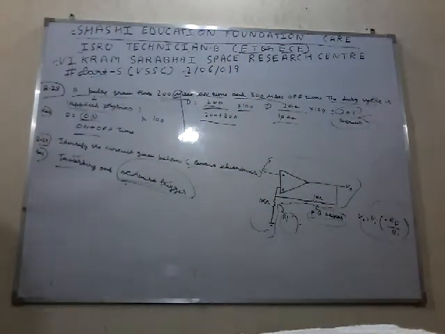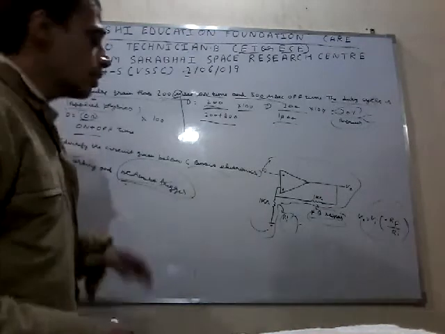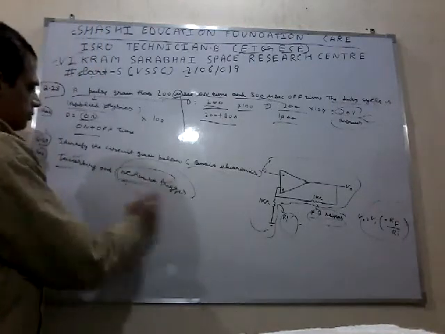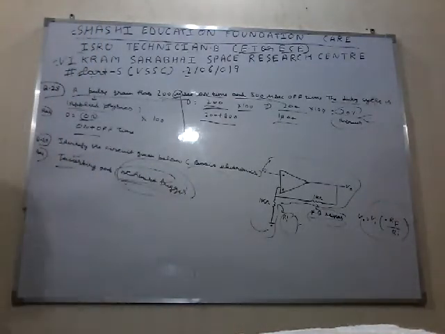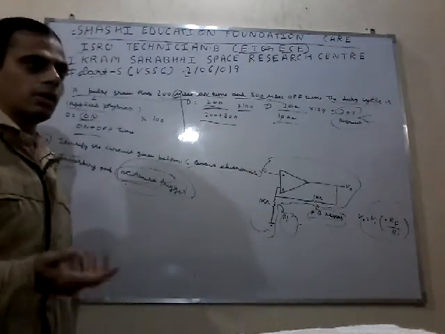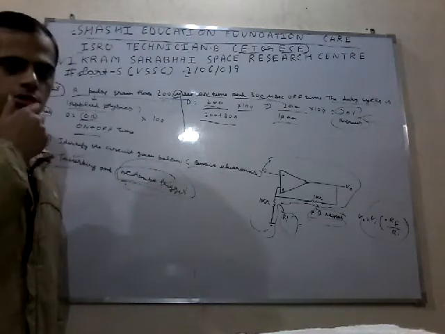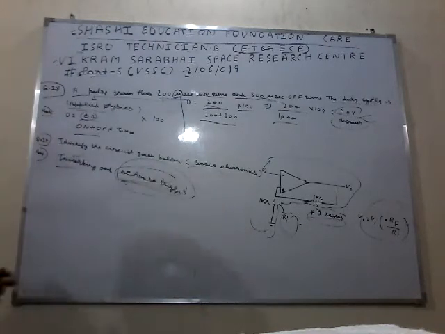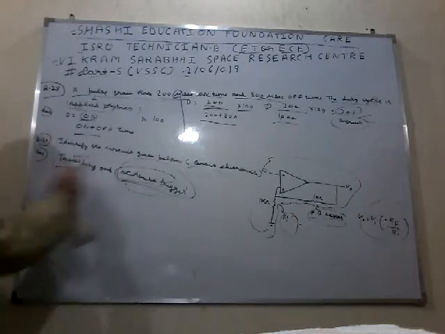So the answer is both inverting and schematic, but according to the options, as per ISRO, they wrote schematic as the answer. But if we had the choice to select two options, we would select both inverting and schematic. Now let's move on to the next question.